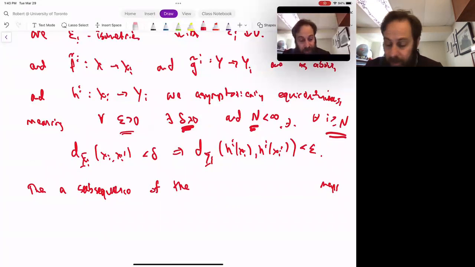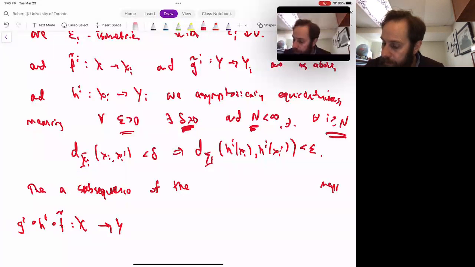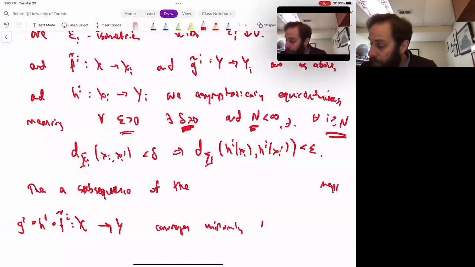And so it's going to be maps from X to Y. First I'm going to apply F tilde_i to get back to X_i, and then I'm going to compose with H_i, and then I'm going to compose with G_i. And in that way, for every i I get a map from X to Y. And then the claim is that a subsequence converges uniformly to a continuous limit.